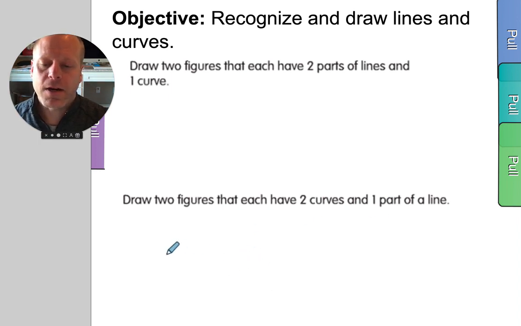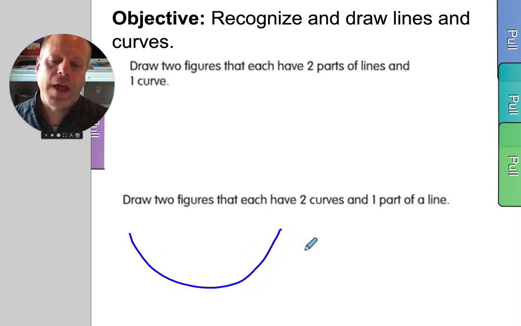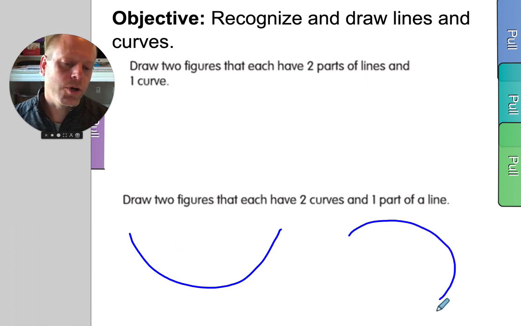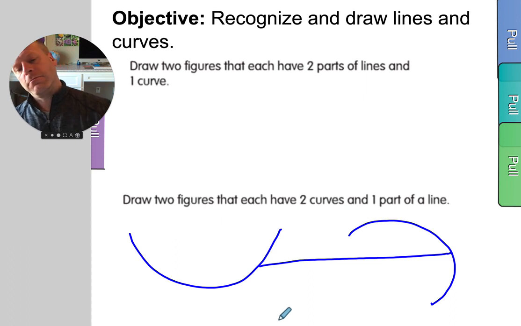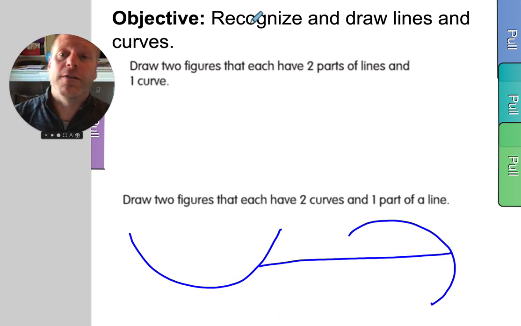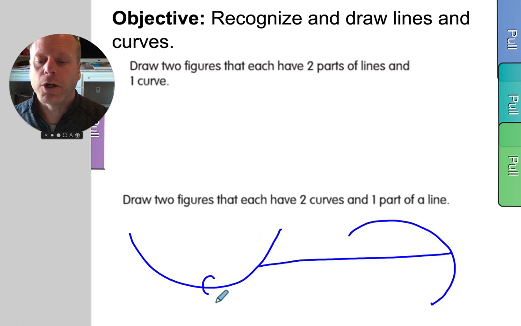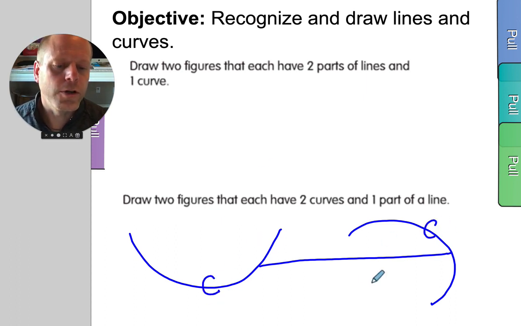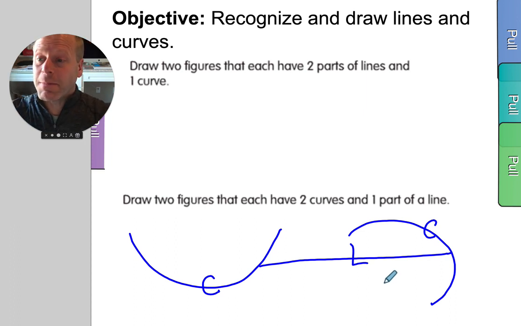So maybe here I want to go curve that way, and I'm going to go curve that way, and then I'm going to connect them like that. I don't know what it is, but it has 2 curves. I can prove it to you. Curve, curve, line. Some of these are really fun. Think about them and try your best.